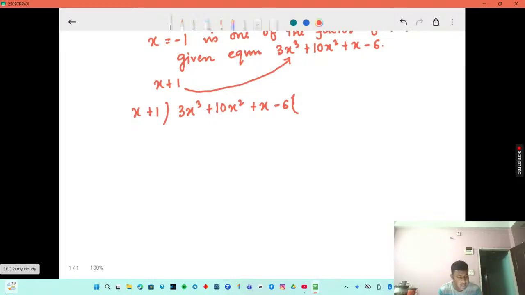When we divide this equation by x plus 1, we will get 3x square. So 3x cube plus 3x square.